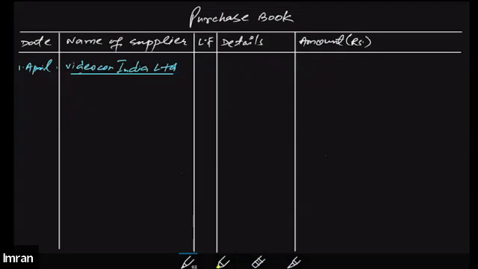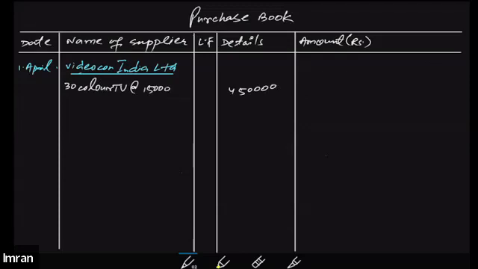We bought 30 color TV at the rate of 15,000. That means total amount will be 4 lakh 50,000. Sorry, yeah, 4 lakh 50,000.